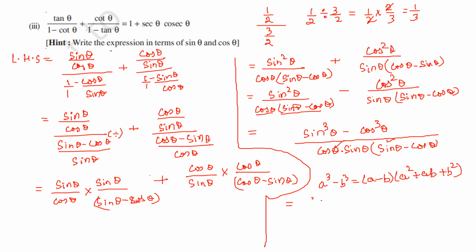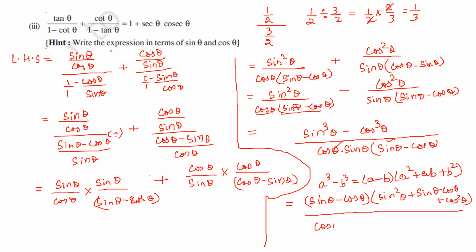So a minus b means sine theta minus cos theta, and then a square sine square theta plus sine theta into cos theta plus cos square theta, that whole divided by cos theta into sine theta into sine theta minus cos theta. Okay. Now from here sine theta minus cos theta will get cancelled.